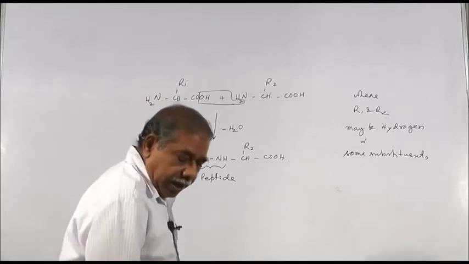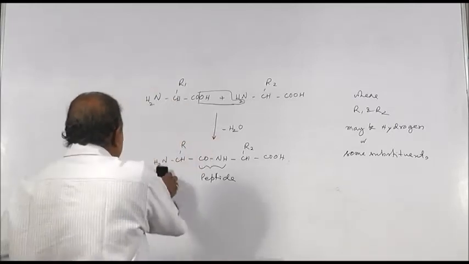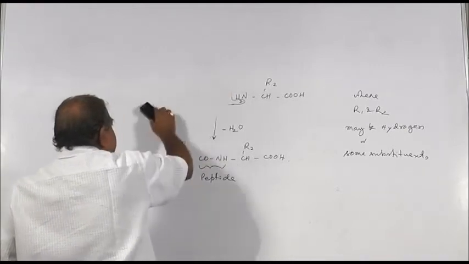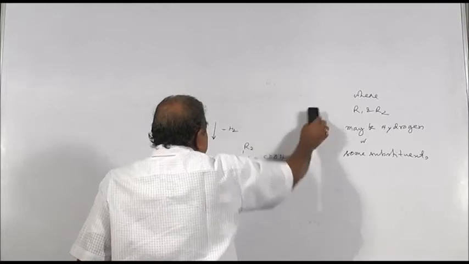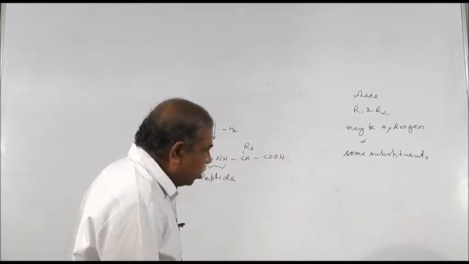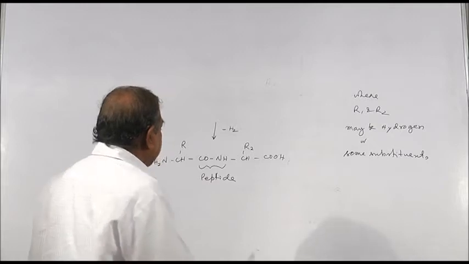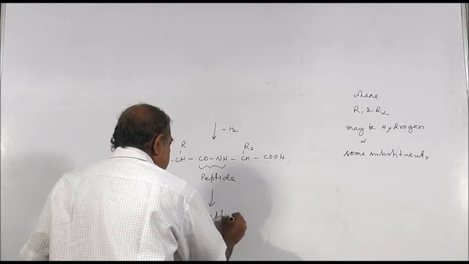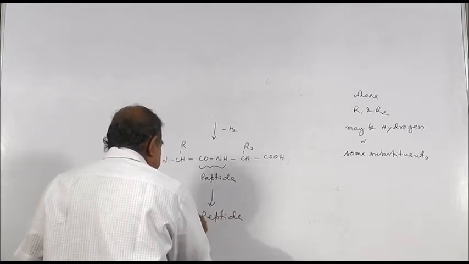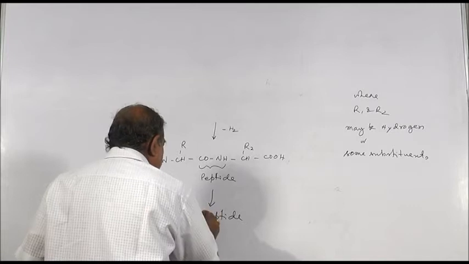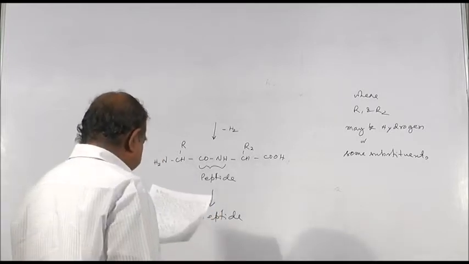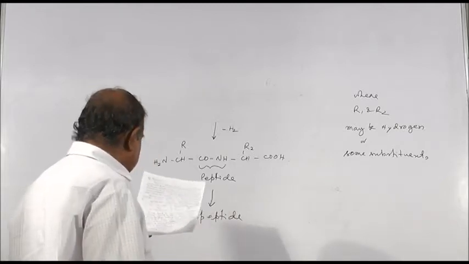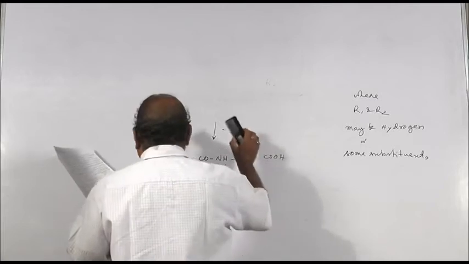Therefore, it can again react with the carboxyl group of another amino acid, and the carboxyl group of this part can also react with the amino group of another amino acid, forming a long chain called a polypeptide. This is called a peptide. Now it forms a polypeptide. So a long polypeptide chain thus formed is a protein molecule.